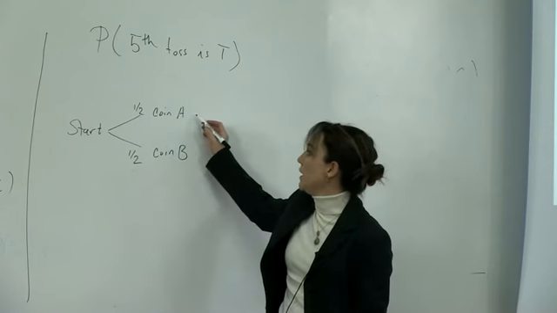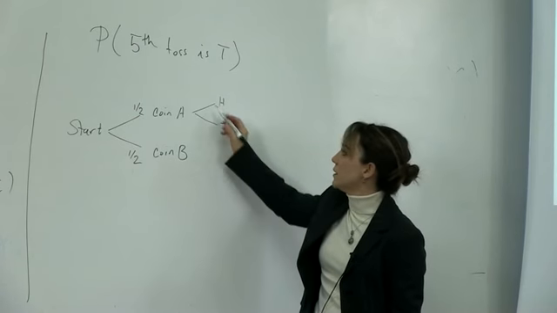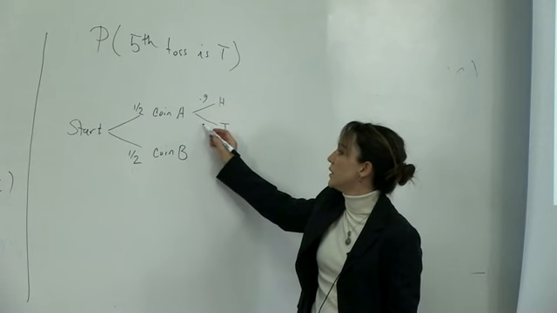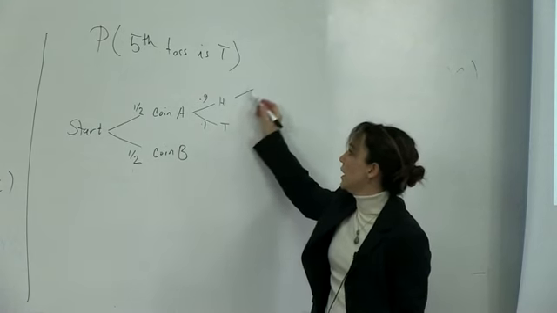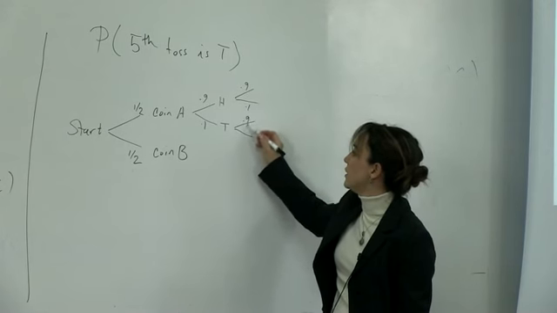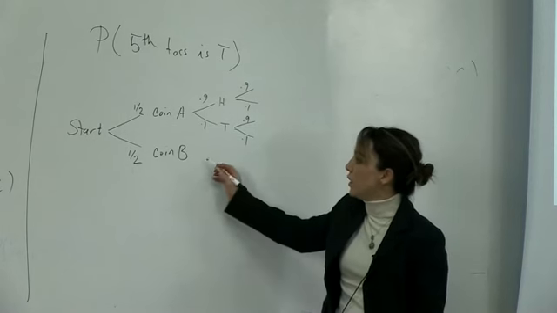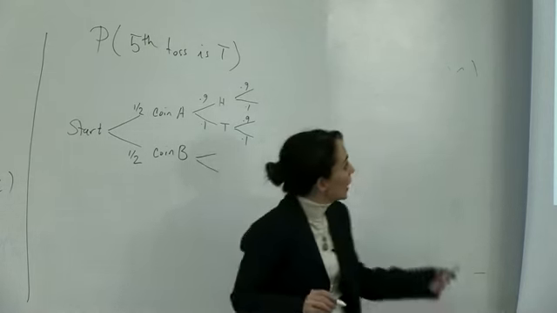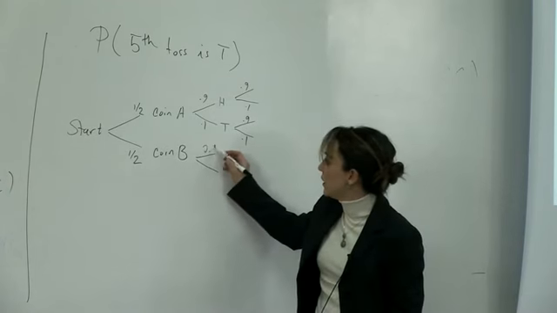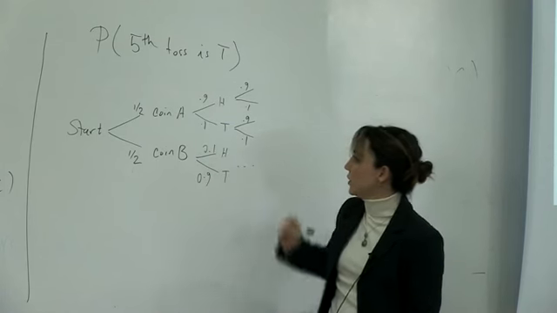If I pick coin A, then I get heads or tails. The probability of heads is 0.9. The probability of tails is 0.1. And further trials go on independently with the same probabilities. If I pick coin B, on the other hand, heads has probability 0.1 and tails has probability 0.9.